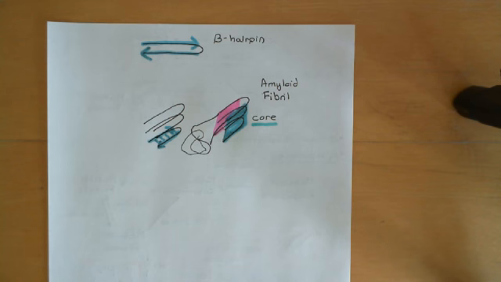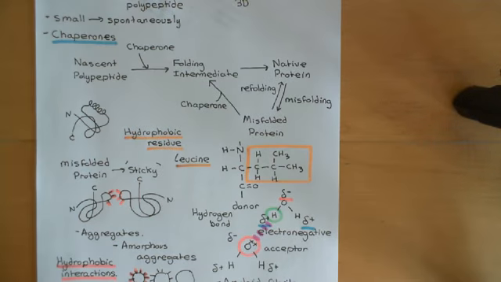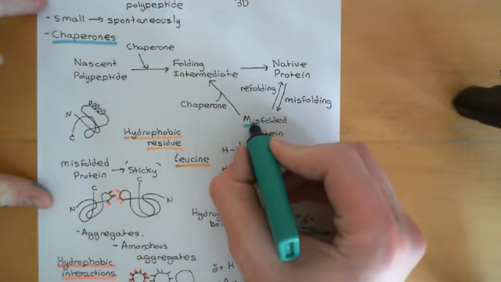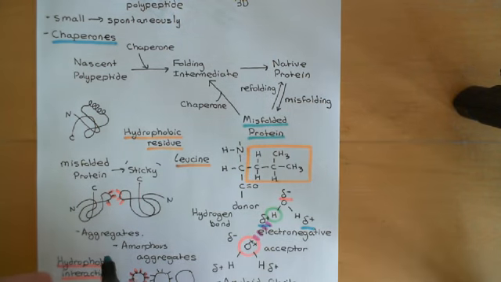Now, the problem with proteins aggregating like this, forming amorphous aggregates and also amyloid fibrils, is that once the misfolded protein has formed an aggregate, it's not going to refold. Remember we said that misfolded proteins, if we were lucky, could return to their native state. Well, they're not going to return to the native state if they've aggregated together.